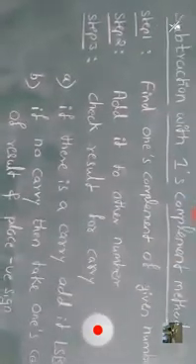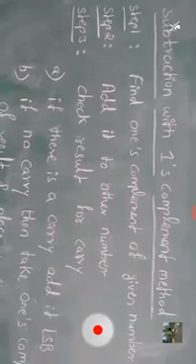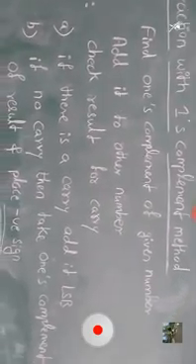Students, you can observe these three steps you need to follow whenever you are doing subtraction with the ones complement method. Let me show you this with the help of an example.